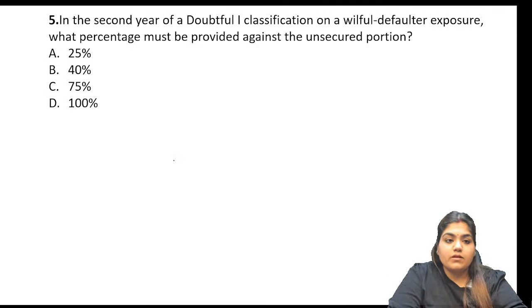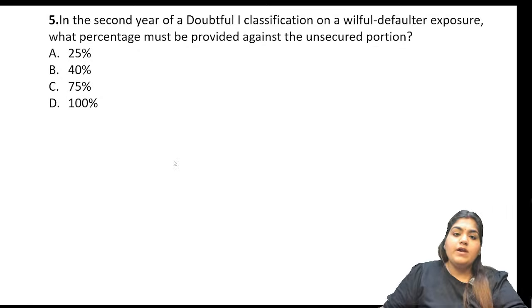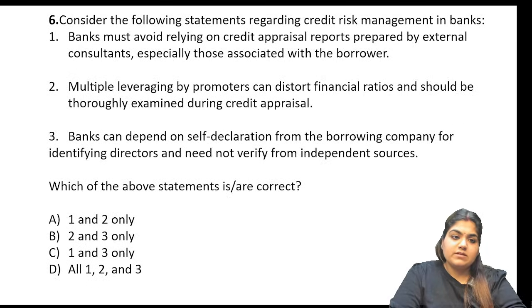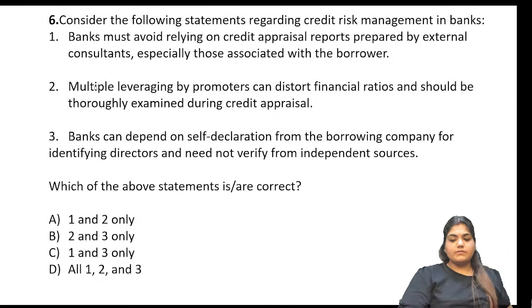Next, question number 5. For doubtful one classification, for willful defaulters, we keep 100 provisions. Next, question number 6.